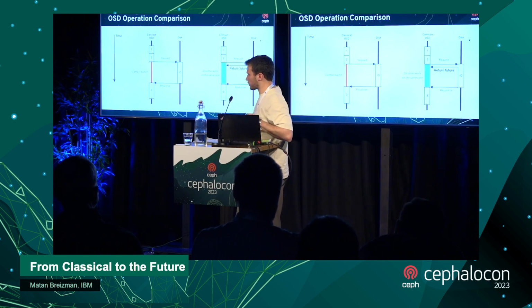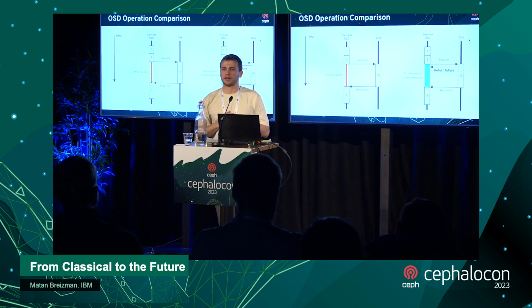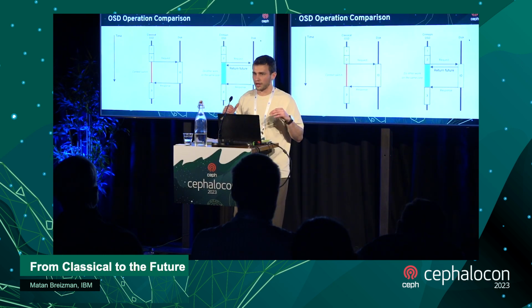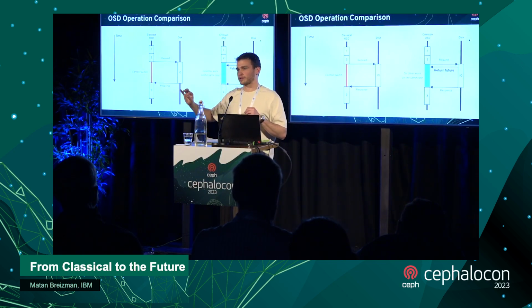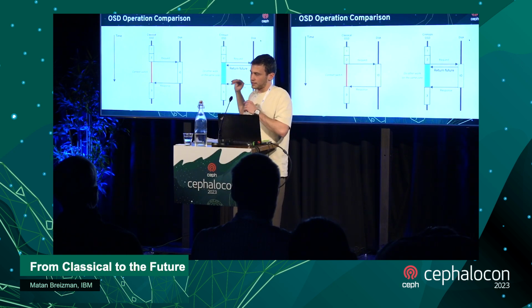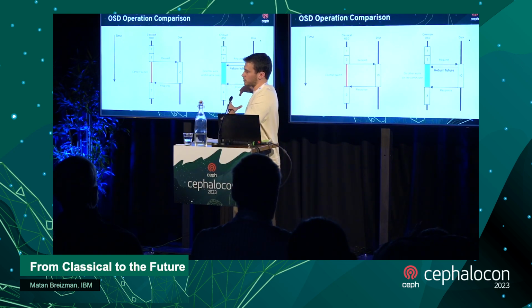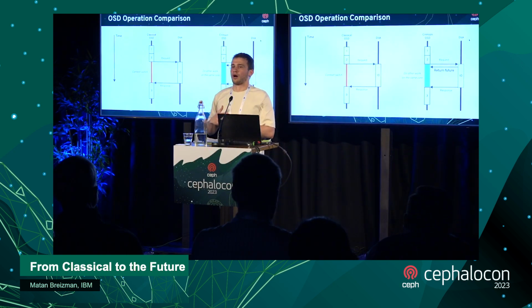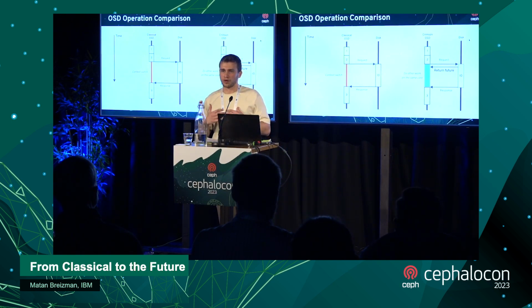However, in the Crimson case, the green one on the right side of the slide, we have the same 1 and 2 stages. Again, this is the same logic; we are not inventing anything new. But now the request is sent to the disk, and instead of a context switch, we immediately get a future returned. So we are not blocked and can perform other work on the same core, in the same thread.